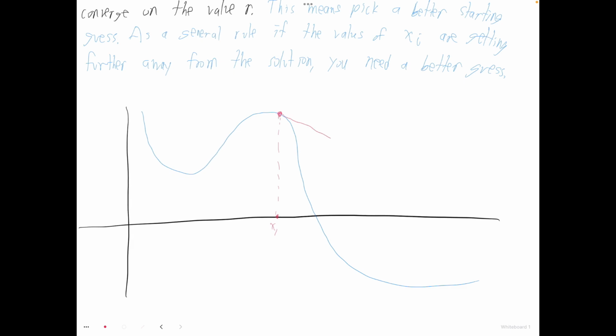If we draw our tangent line, it looks like this. So our x sub 2 value is all the way over here. But notice where the value we're trying to approximate is. r is right here. And so clearly x sub 2 is further away than x sub 1 from r. And so that was a bad initial guess.